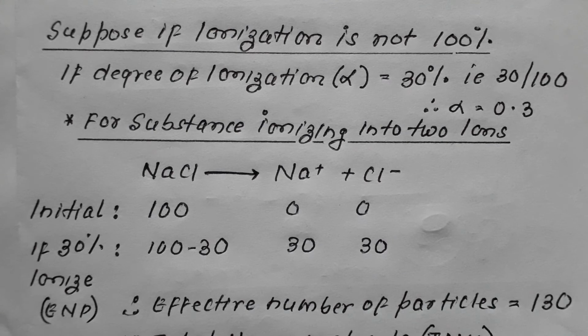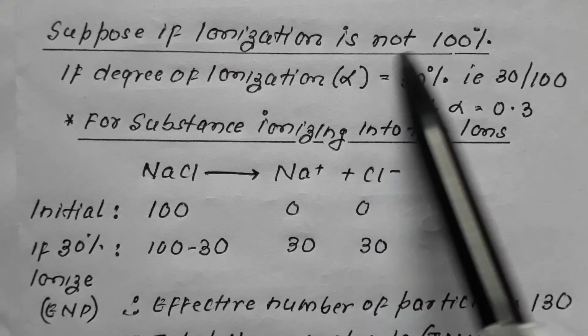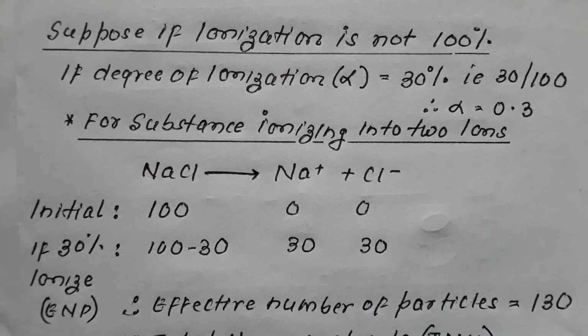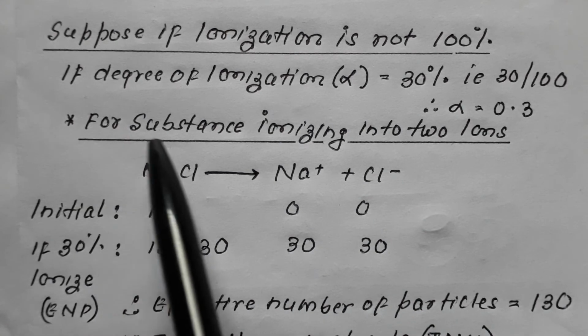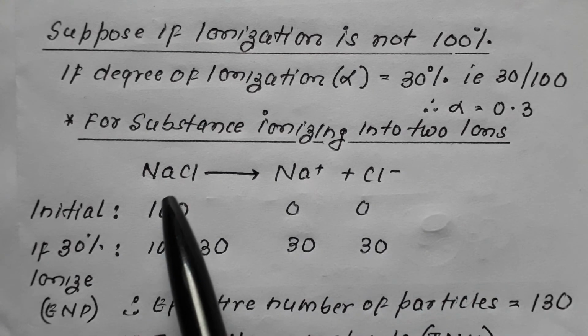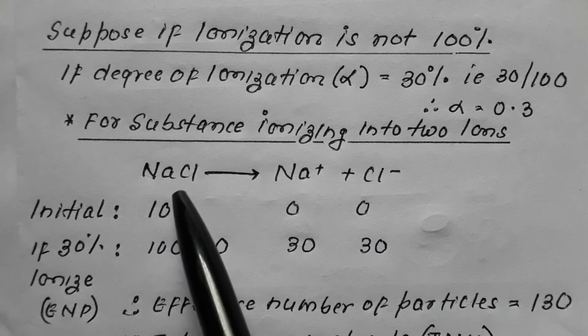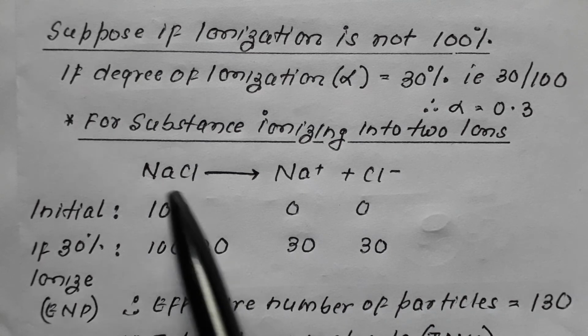First case, a substance which is ionizing into 2 ions but the ionization is not 100%, for example NaCl. If the ionization is 100%, the value of i is 2 for NaCl.